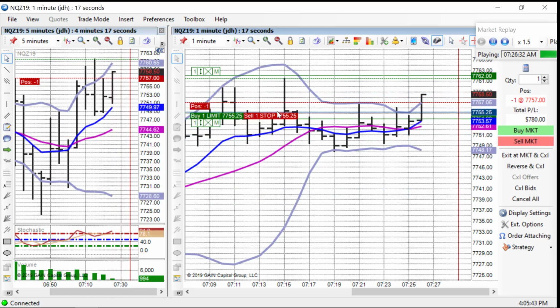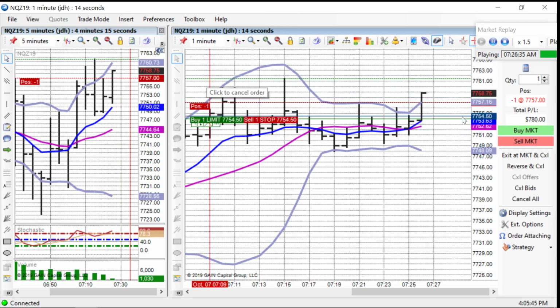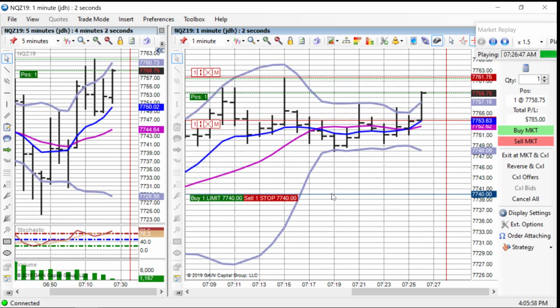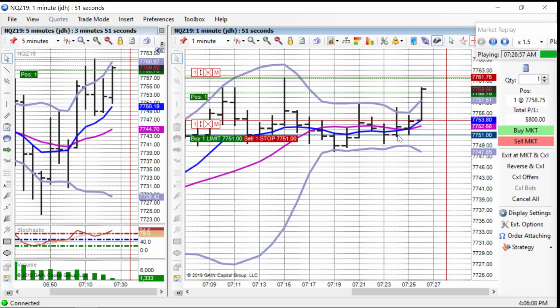Oh, and I entered the wrong direction here. Gosh. Finally got the right direction, but I'm using my buy at the stop button. I don't know why the buy at the market buttons have stopped working. That's never happened in a live trade, but the market replay program can be a little bit glitchy.